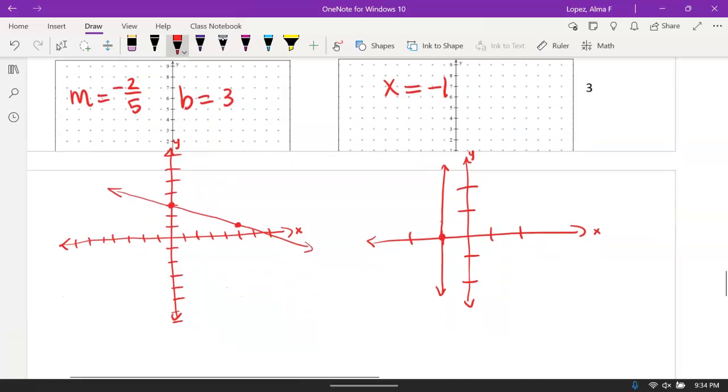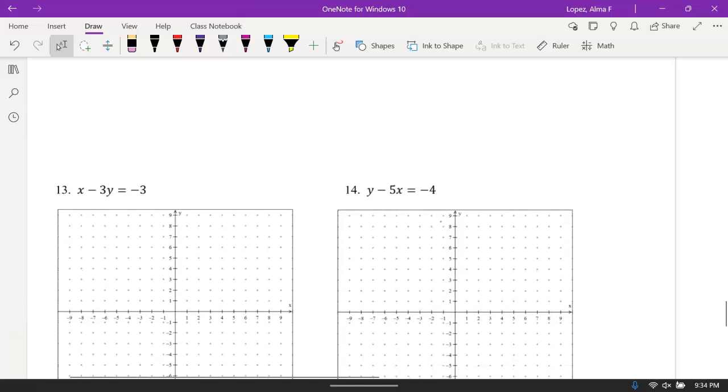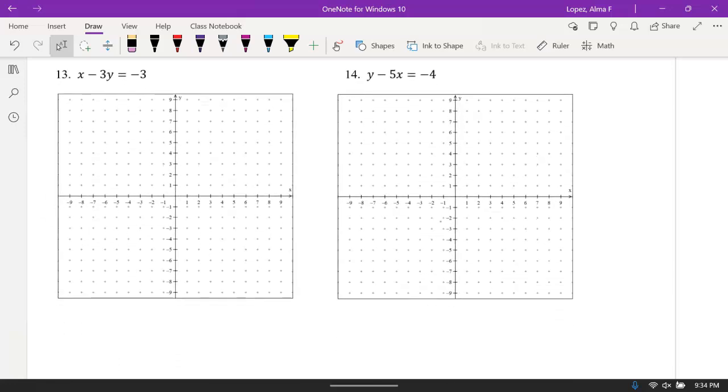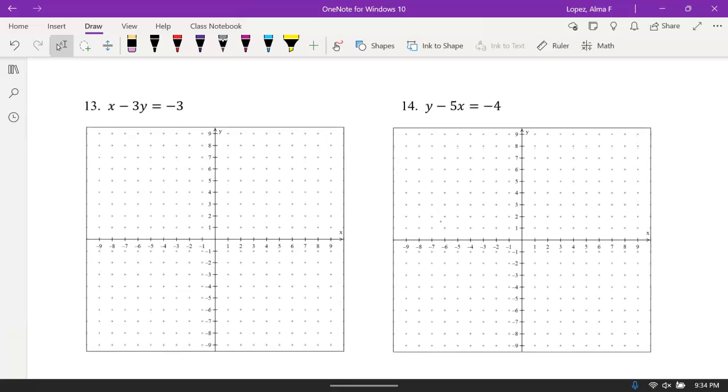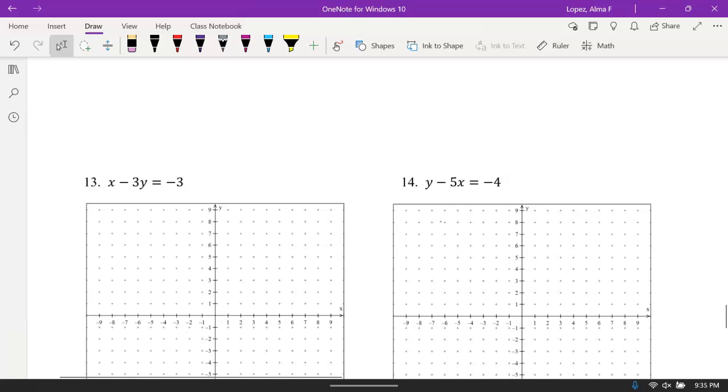Let's finish up the last 2 examples. All right. For this number 13 and 14, we're going to have to solve them for y. So I'm going to scoot up a little bit and do it right up here. I have x minus 3y equals negative 3. I'm going to start by moving the x over to the other side.